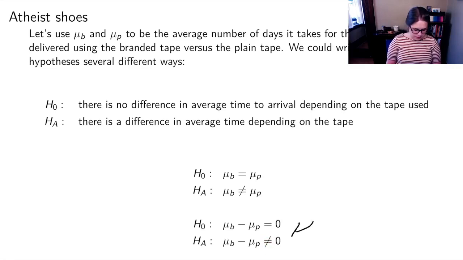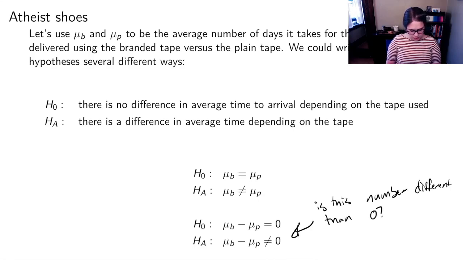And so this allows me to phrase it in the way where we could say, is this number different than 0? So we would have some x bar sub b minus x bar sub p, and that number wouldn't be 0. And we'd like to know, is that in the population, is it truly different than 0?